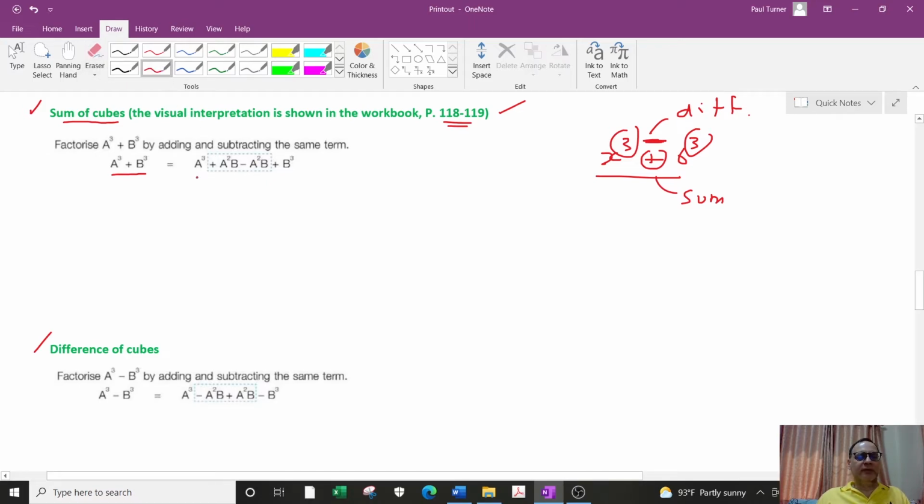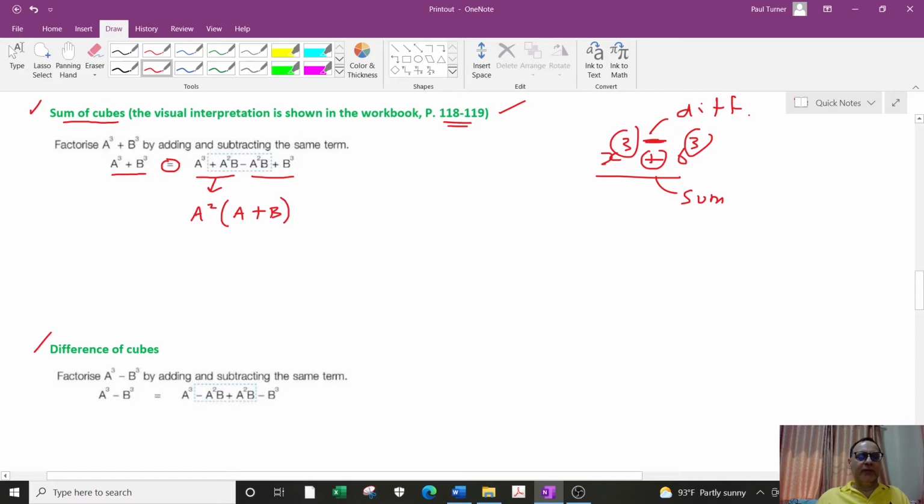So I've done that so I can do some factorization. A squared b minus a squared b is 0, so they are still equal. So I'll factorize the first bit. I've got a cubed plus a squared b. So a squared is the common factor. I would be left with a plus b here.